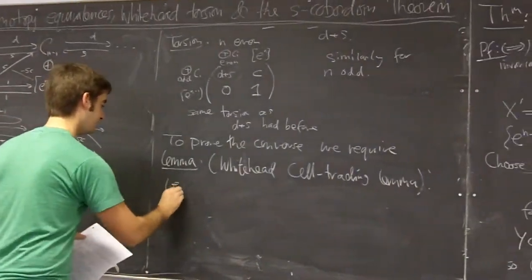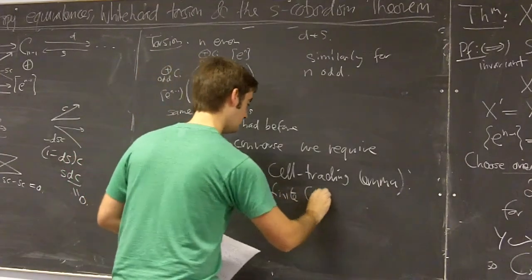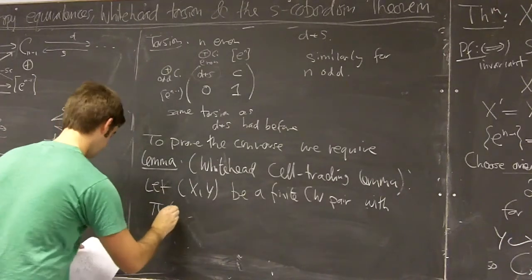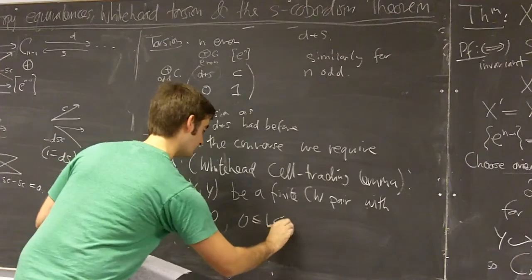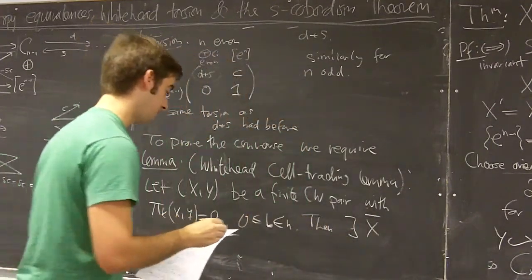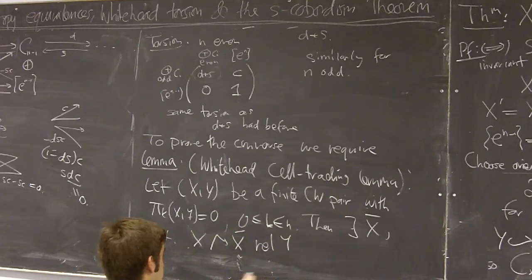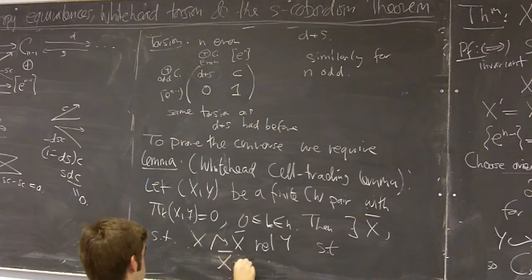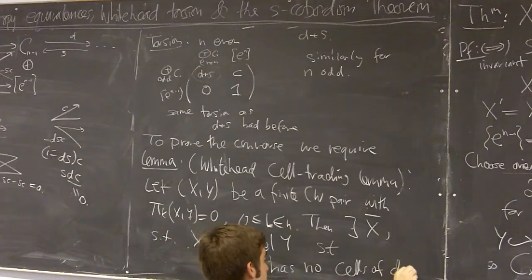So this states that if we have a CW pair (X, Y), a finite CW pair, with relative homotopy groups 0 up to dimension n, then there exists an X bar which is simple homotopy equivalent to X rel Y, such that X bar minus Y has no cells of dimension less than or equal to n.